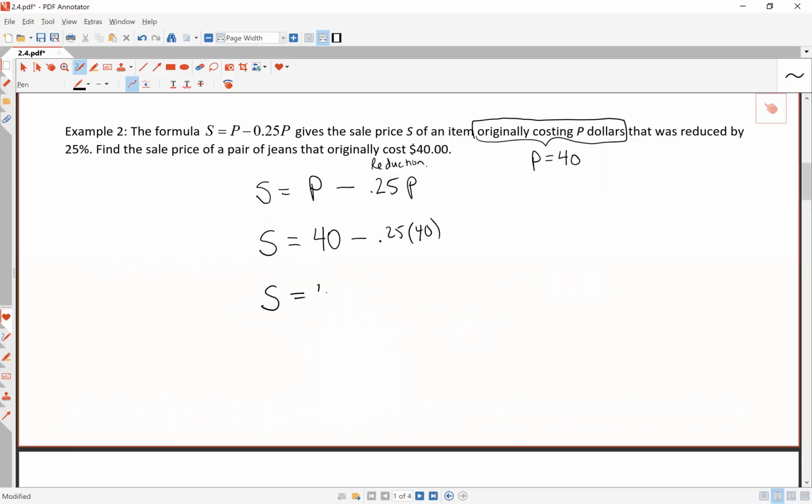If we started off with $40 and reduced it by 25%, 25% of 40 is $10. So we have reduced this $40 by $10, giving us a sale price of $30.